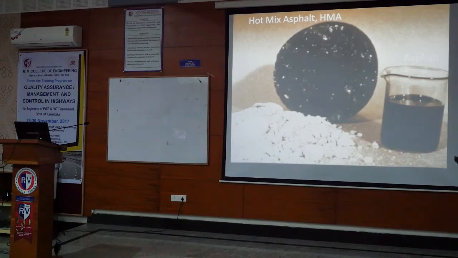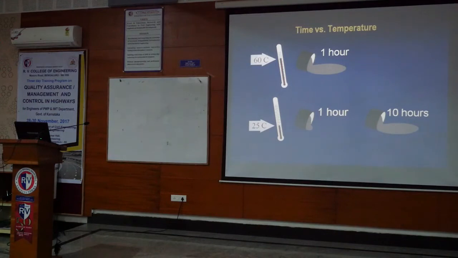What is this binder? A peculiar material. At some temperature it is solid, at some temperature it is liquid. Even this solid can become liquid if it is stored continuously for a long duration.